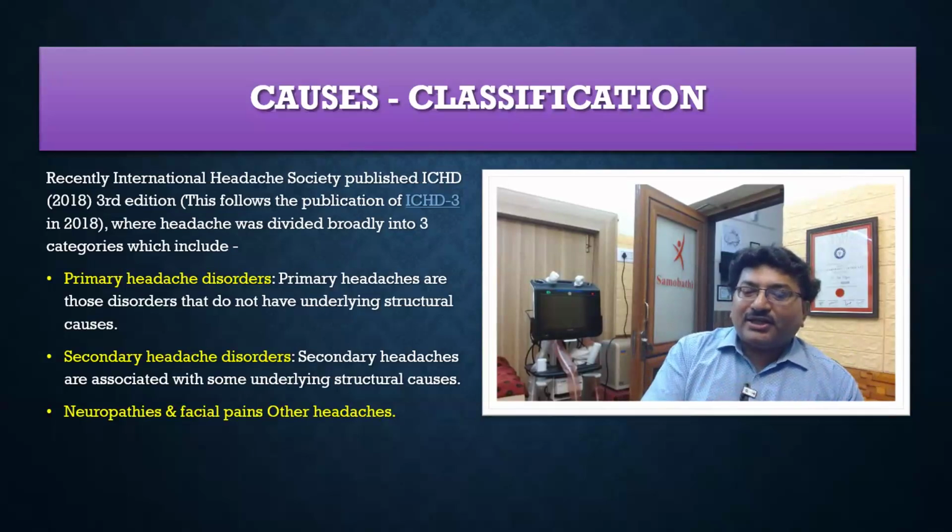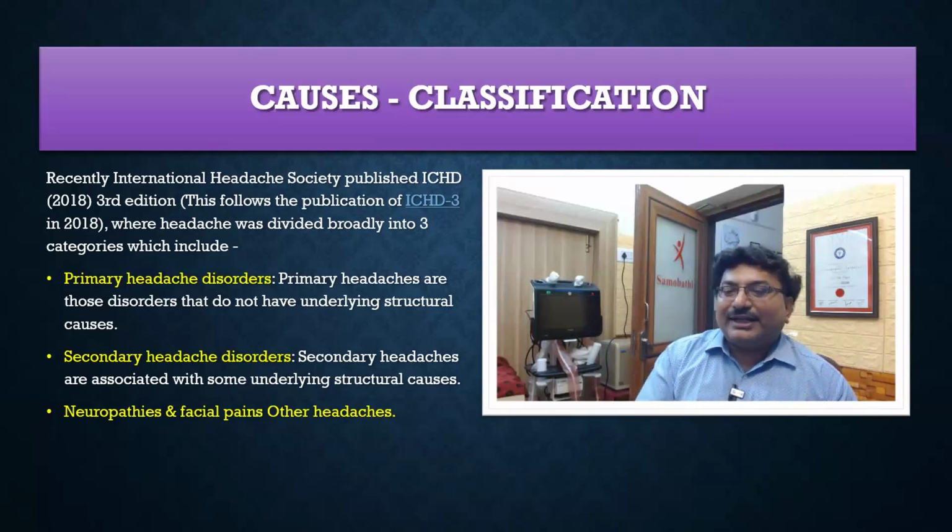So what is called a primary headache? A primary headache is one of those disorders which does not have any underlying structural cause. Secondary headaches are those which are associated with some underlying structural cause.